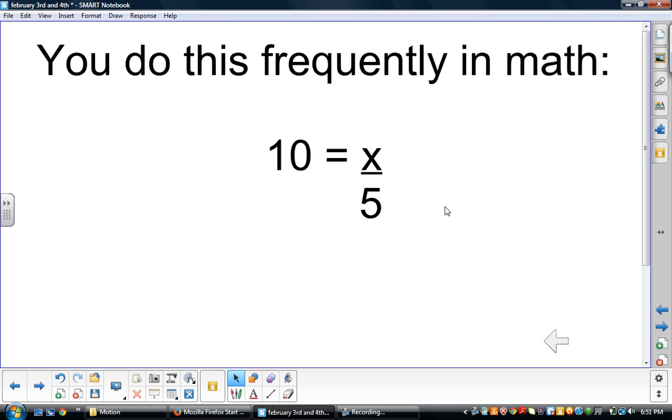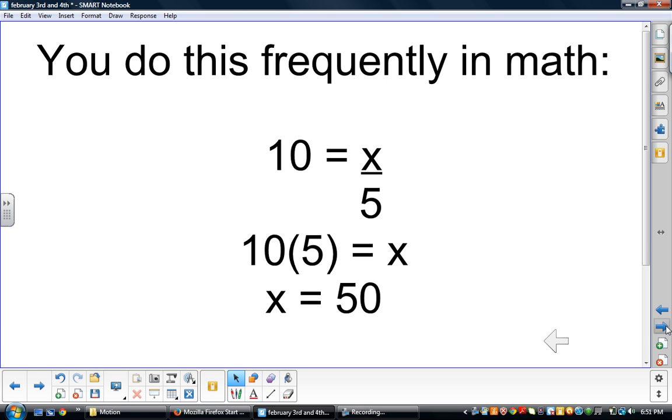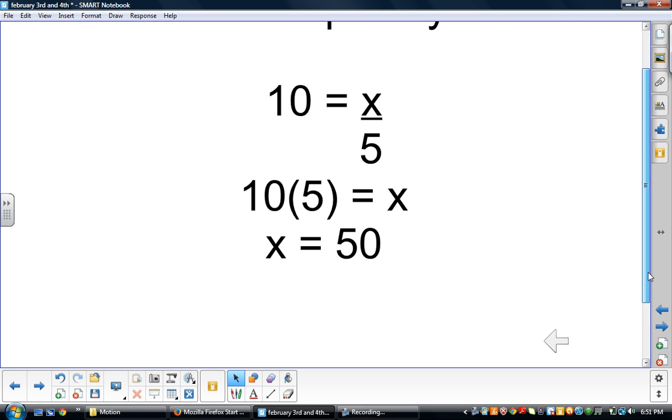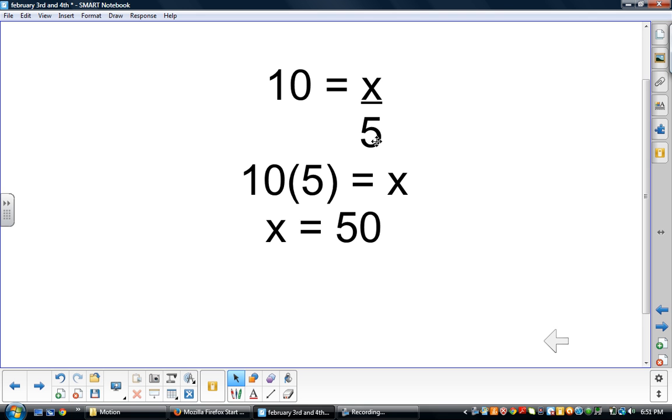So anyhow, here's the problem. 10 equals x over 5, and you might be asked in a math class to solve for x. Now that's not a very difficult problem. I know what you would do. You would multiply both sides by 5. So to get rid of this 5, we'd multiply this side by 5, and we'd multiply this side by 5.